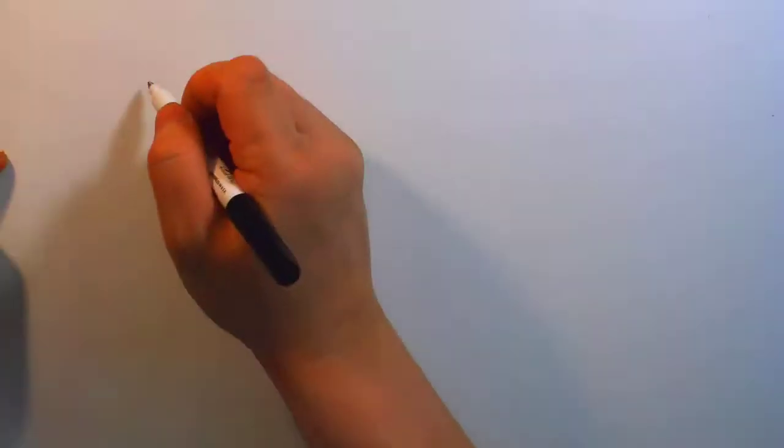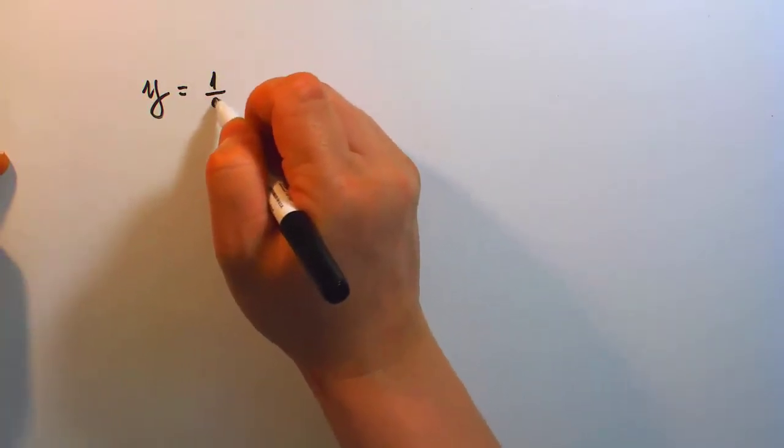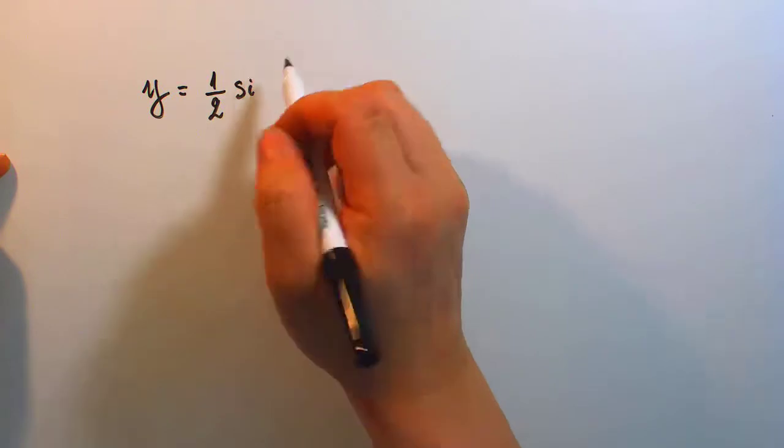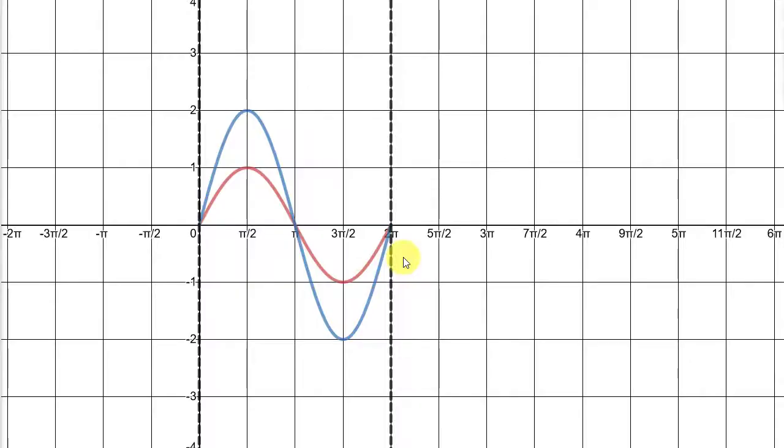And now I am going to investigate another one. Let's say y equals 1/2 sine of x, and allow me to do a little animation. Our red curve here is the original sine of x function, and our blue curve is from the previous example, the positive 2 sine of x function.